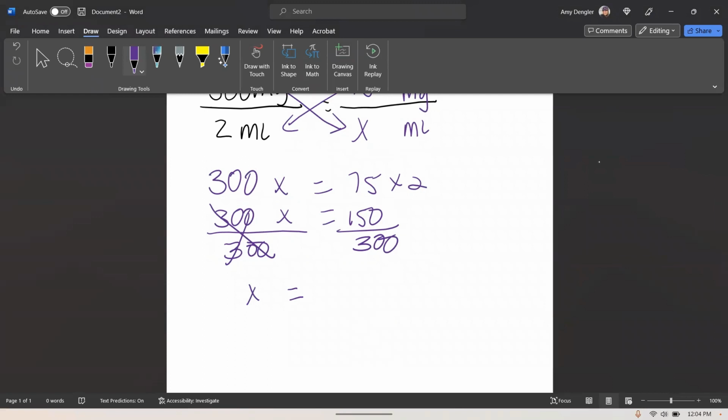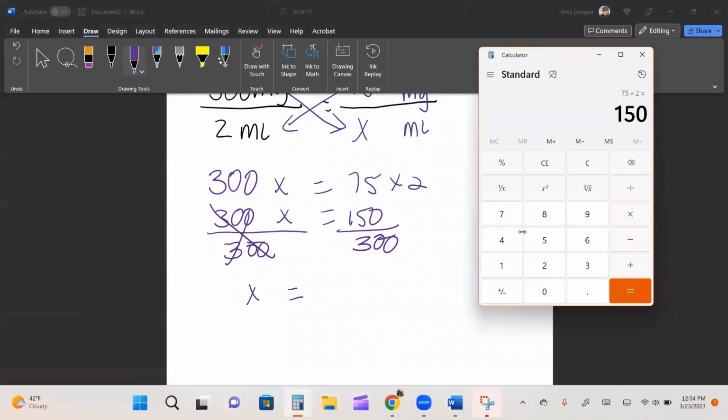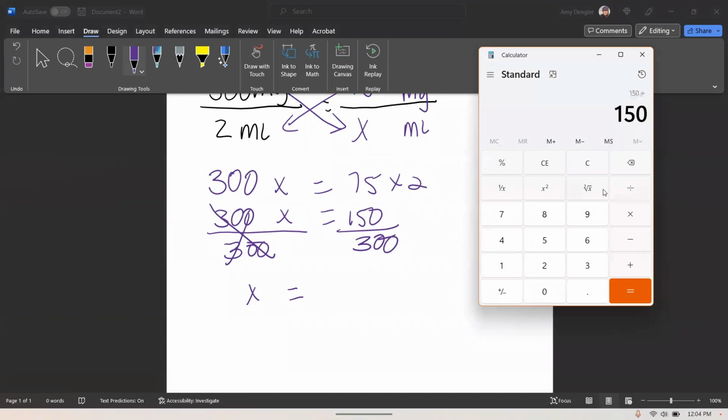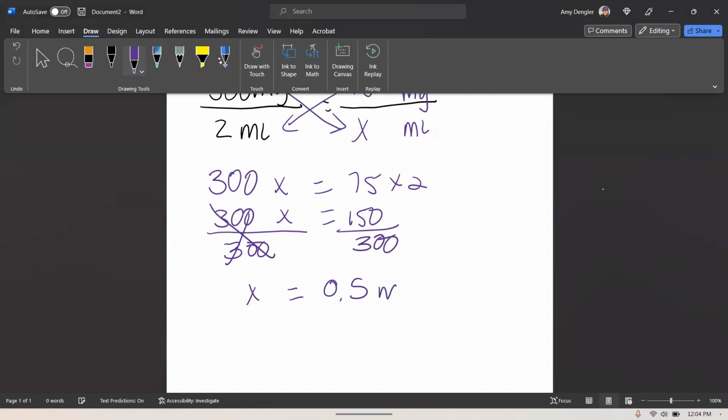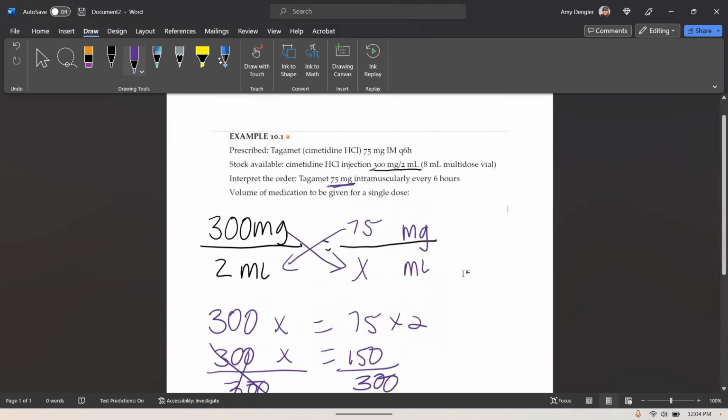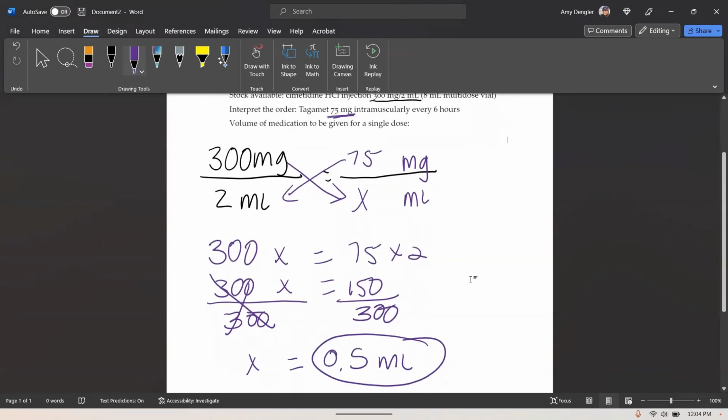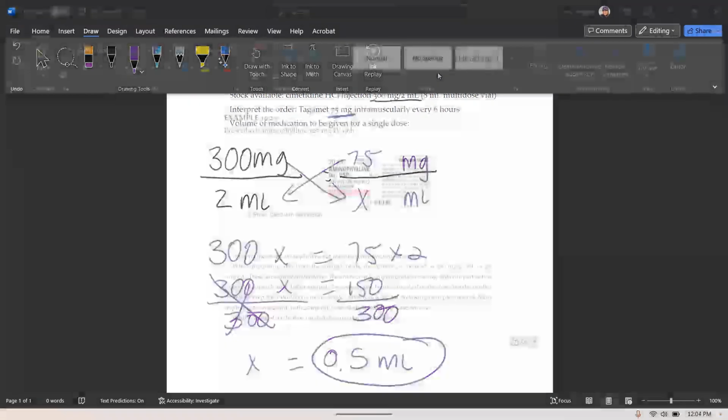Then on the other side, we need to divide 150 by 300. And that gives us 0.5 ml. Now, since IM doses need to be less than 1 ml, that is within acceptable range. We would use a 1 ml TB syringe.